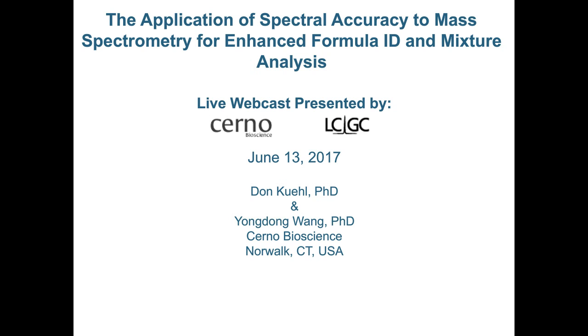Can a TOF accurate mass spec be used for quantitative analysis? I don't know if that means using your software as well. I think they're talking about quantitative analysis. This is something we don't do. We can do relative quantitation, as you saw in our example of our digested proteins.